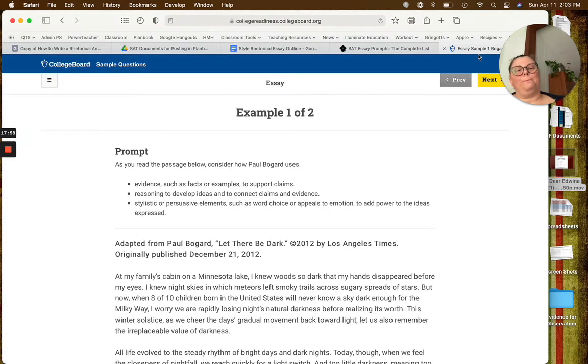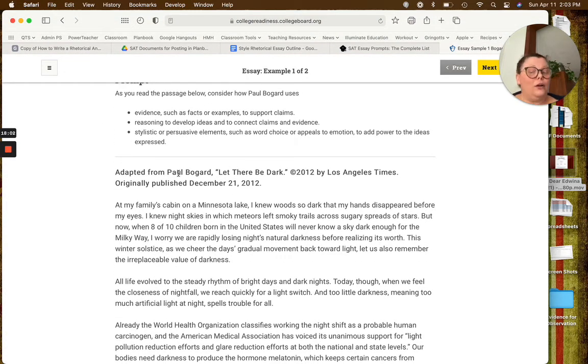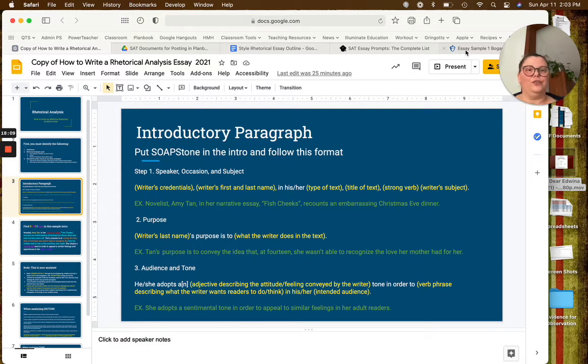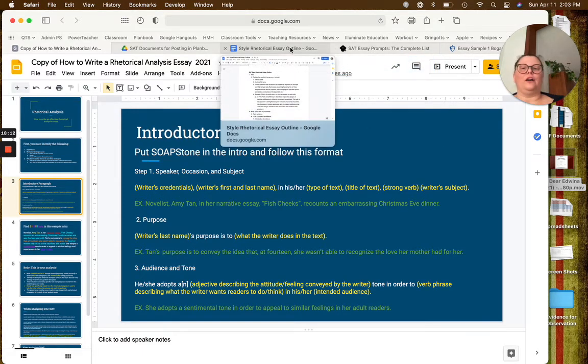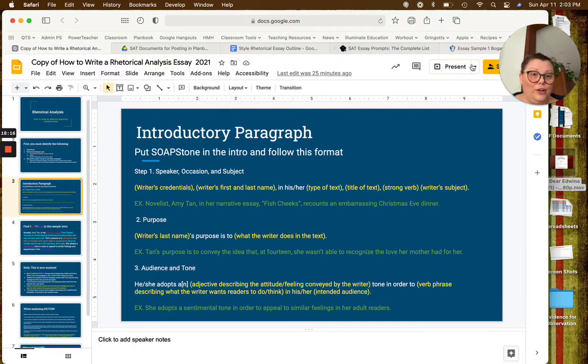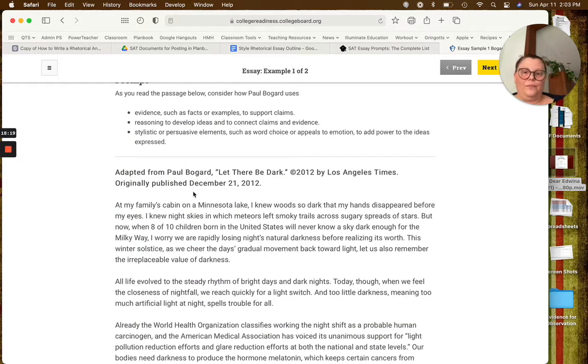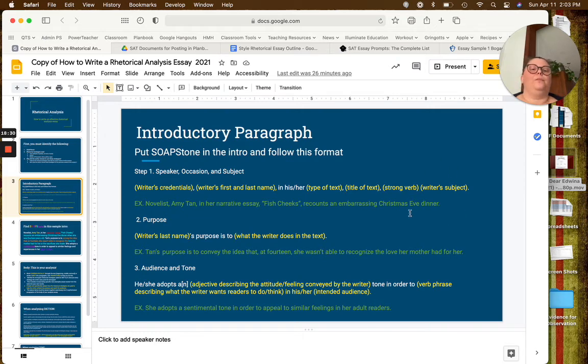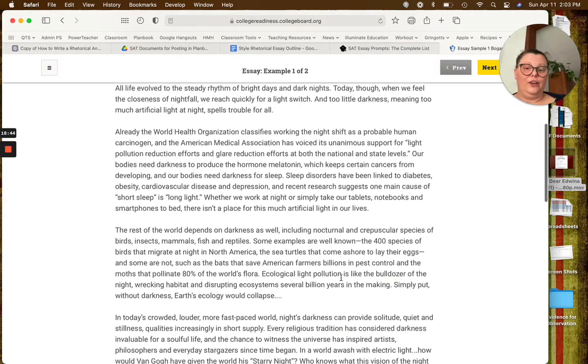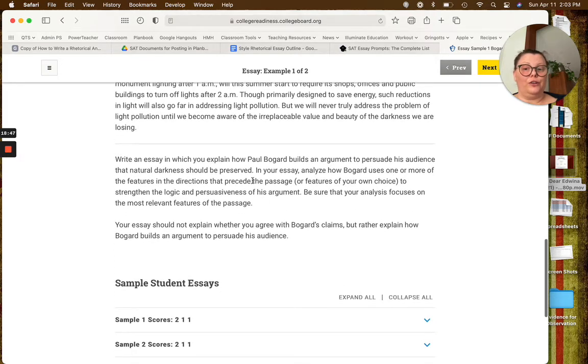So, if we look at it and we say, Paul Bogard, okay, you could start out by, if we follow this, writer's credentials, you could say, writer, Paul Bogard, in his article, Let There Be Dark, from the Los Angeles Times, 2012, attempts to persuade his audience that, and then you tell what the argument is, that natural darkness should be preserved.